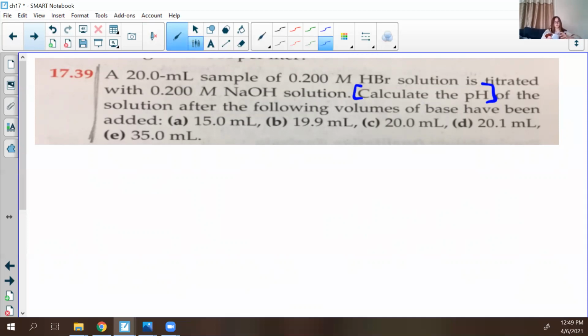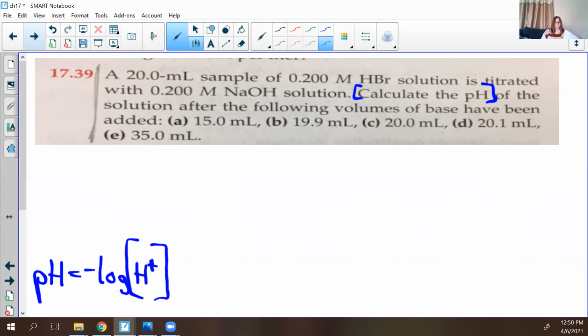This is a titration problem. It's a pH problem. So ultimately pH is equal to the negative log of the H plus concentration. So what do I need to do on all of these? I need to find the H plus concentration, or the OH, and then I can take pOH and subtract it. So this is the ultimate goal here.